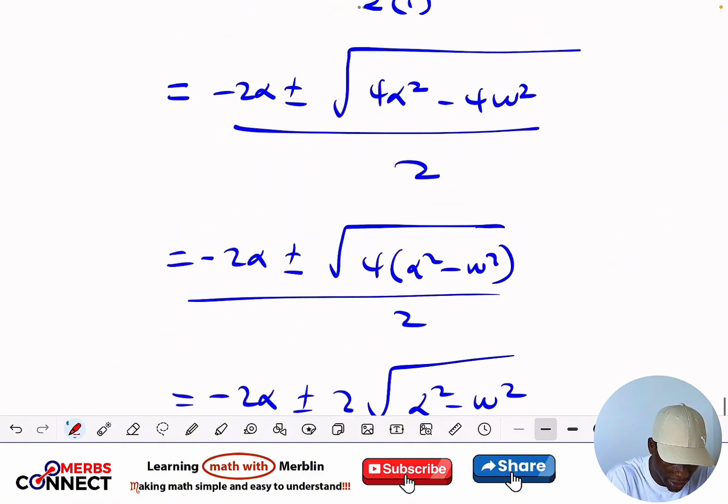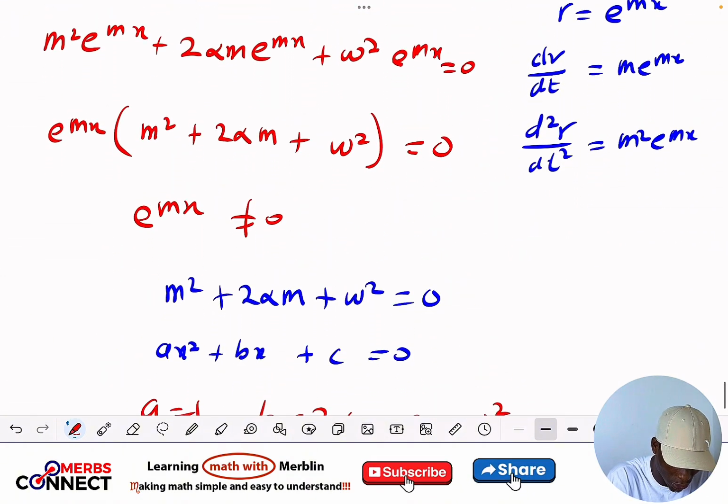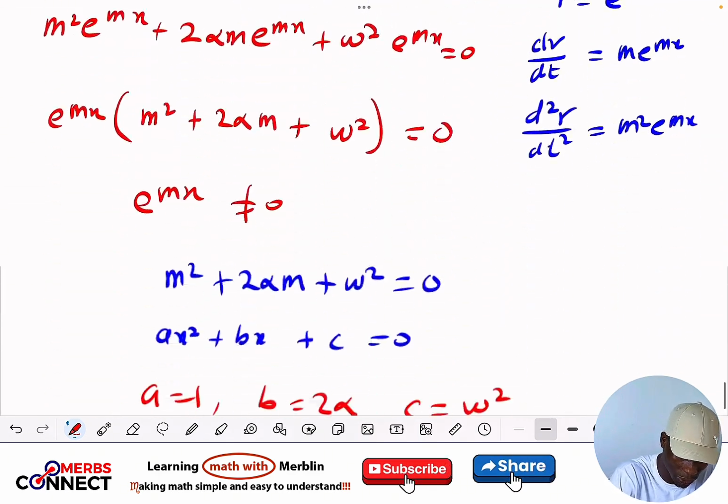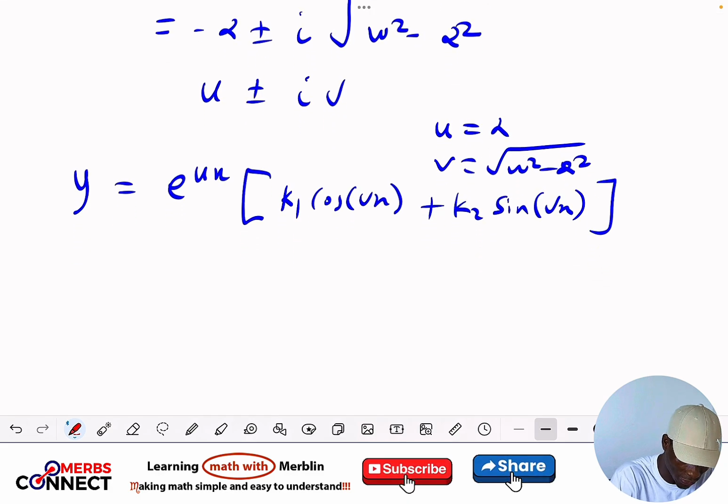But the function is in terms of t, right? So we need to use t, because the function is differentiated with respect to t. So let's use t here instead of x. This one should be t, this one should be t, and this one also. So always pay attention.